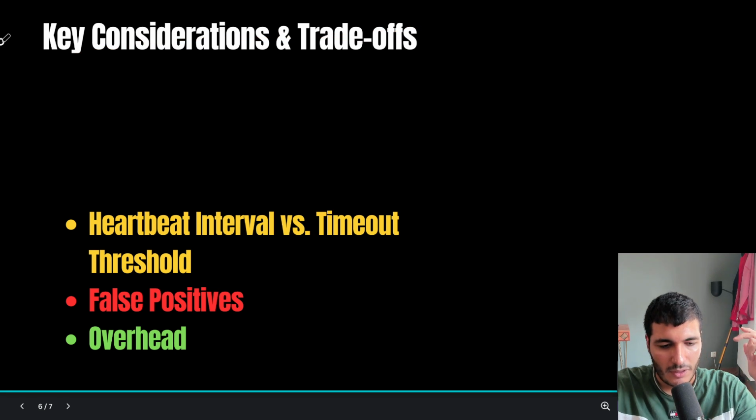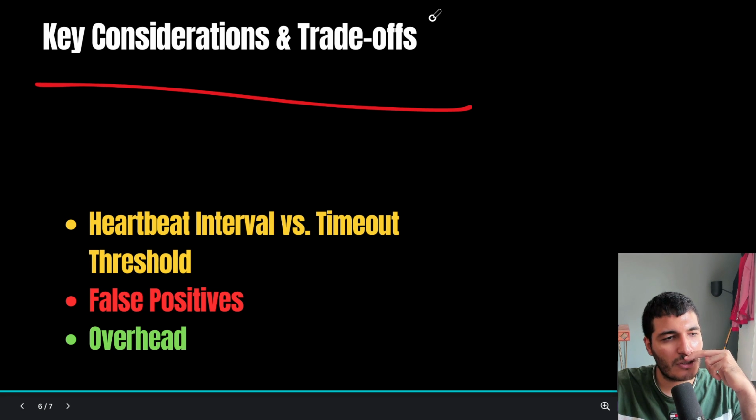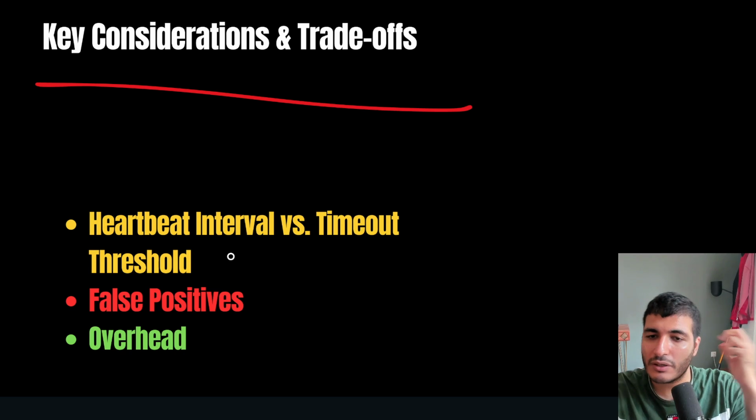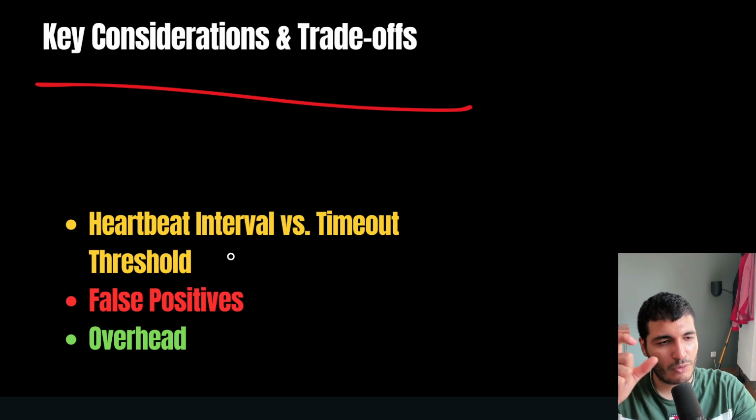There are some key considerations and trade-offs while designing a heartbeat. Number 1, heartbeat intervals versus timeout thresholds. If we have too frequent an interval, this might lead to high network traffic and CPU overhead on both sender and monitor.